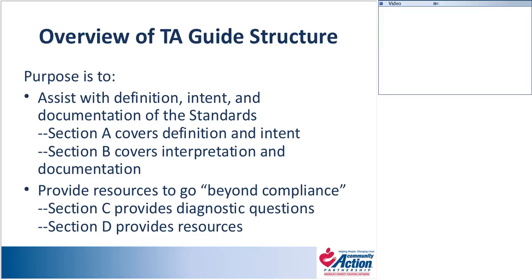Then in Section B, we provide some basic guidance over common questions we've got over interpretation of the standards. So we pose a couple of different possibilities explaining how an agency wouldn't meet the standards under particular situations, just to make sure that folks are thinking through the interpretation of the standards, and also we include suggested documentation, although with the caveat that it's ultimately up to the state office to determine what documentation is required to provide to them.